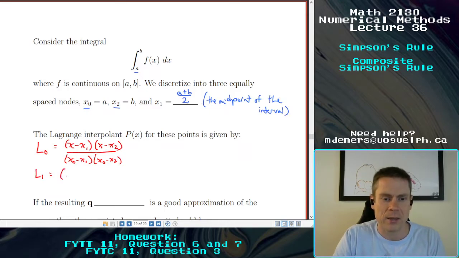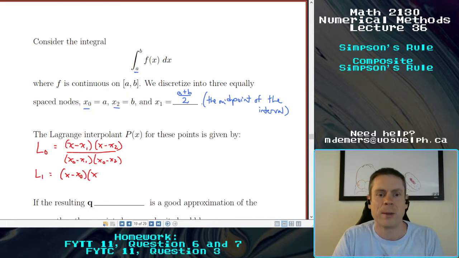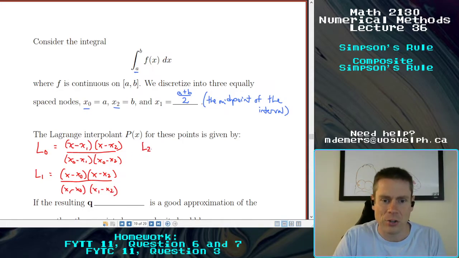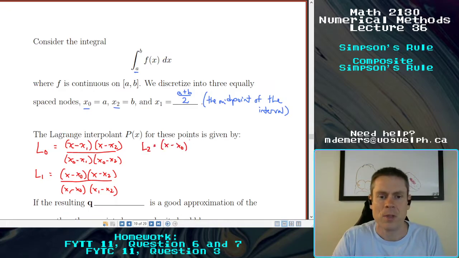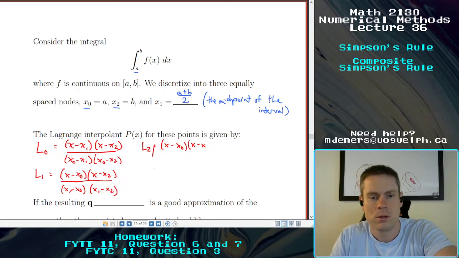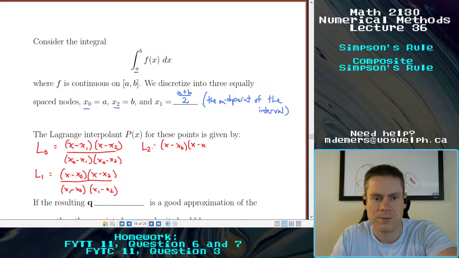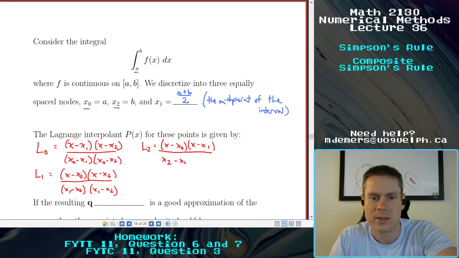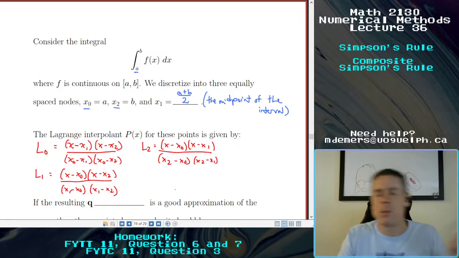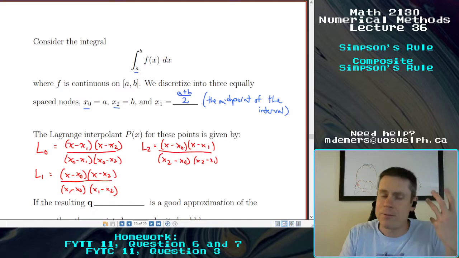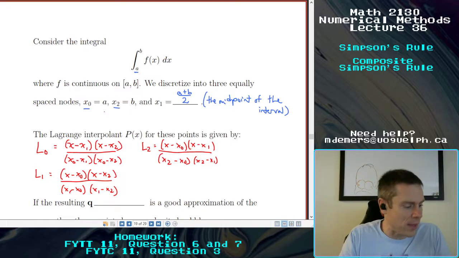L1 is going to be x minus the other points, so (x minus x0)(x minus x2) over (x1 minus x0)(x1 minus x2), and then L2 is going to be (x minus x0)(x minus x1) over (x2 minus x0)(x2 minus x1). Okay, so we have these things. They're a little bit awkward to calculate, but we've literally done this before. It's not that hard. We have code that we can use to find these things, so that's cool.